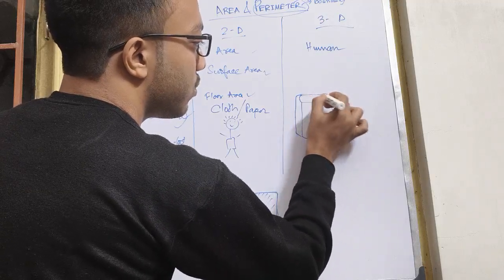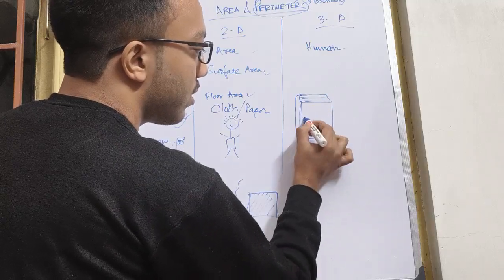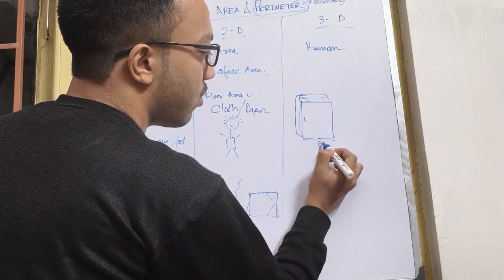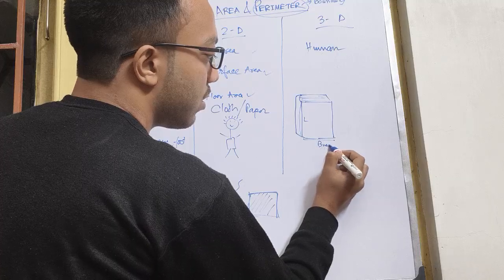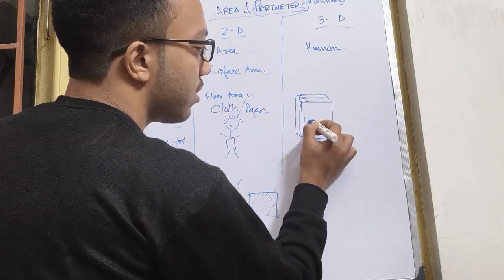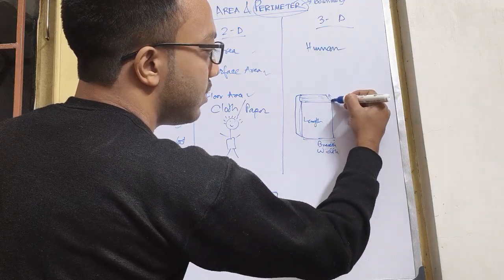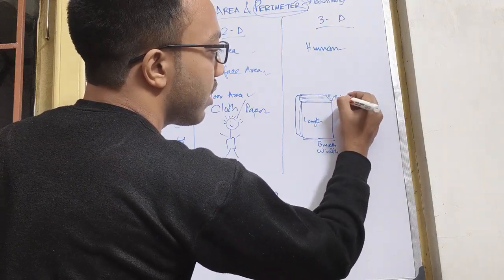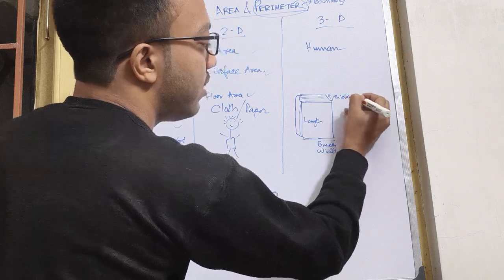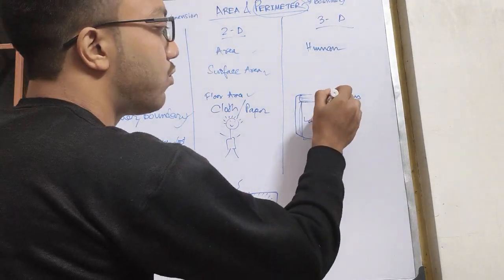So this is the length, this is the breadth or width, whatever you say, and this is the thickness. So here comes the third dimension. You cannot measure it by only length and breadth, you have to go for the thickness.